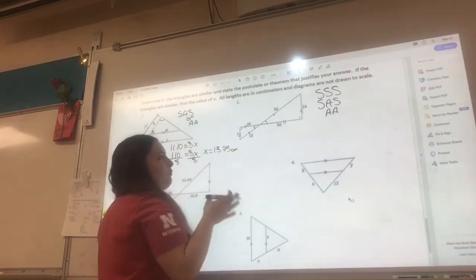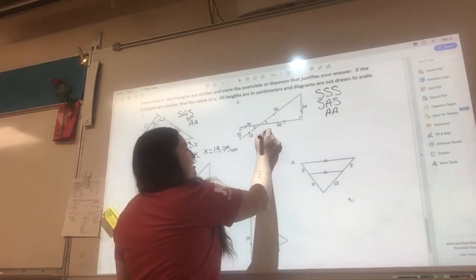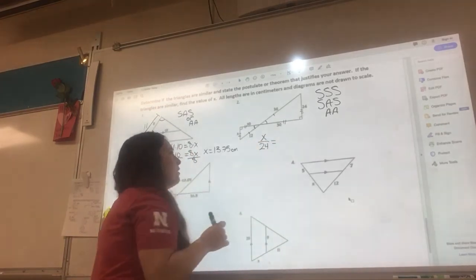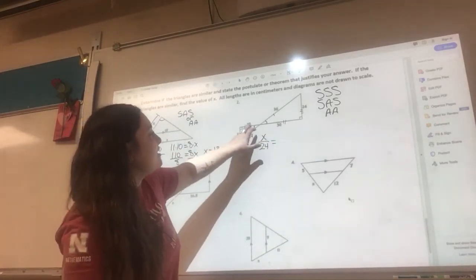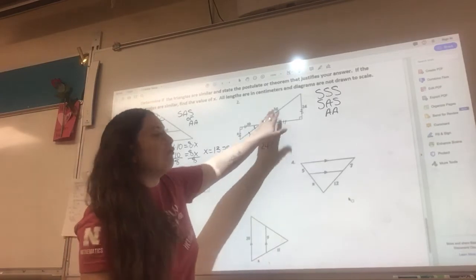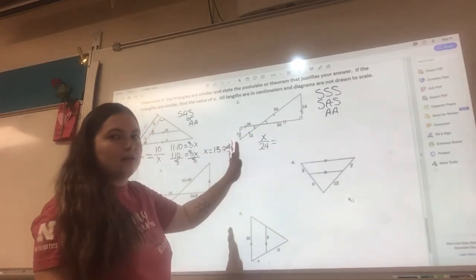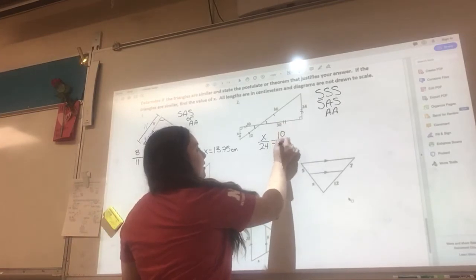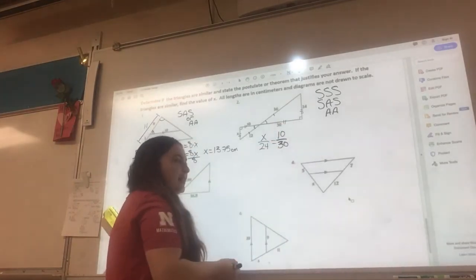So the one we're looking for is x. So I'm going to use x over 24, definitely, since we need to know x. Well, I personally like 10 over 30 better than 12 over 36. You can use whatever you can see, but I'm going to use 10 over 30. And now all I have to do is solve for x.